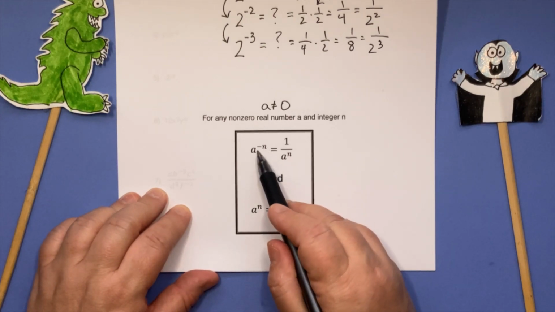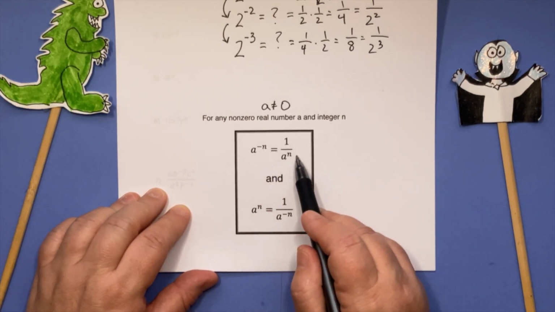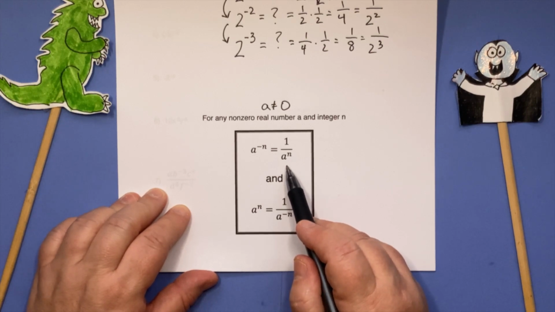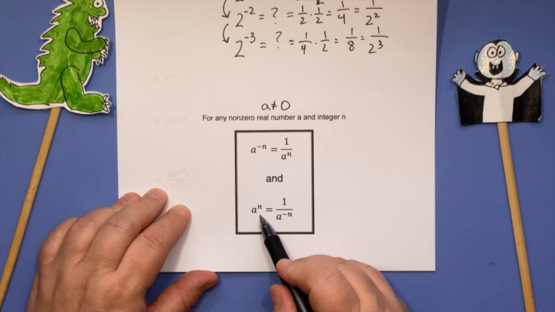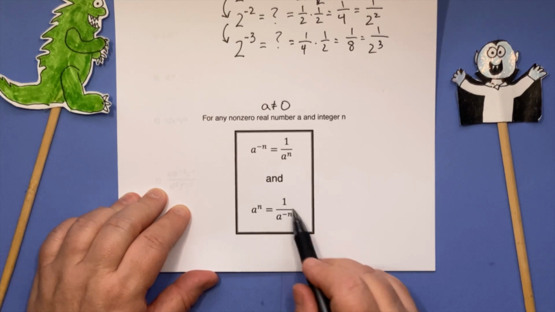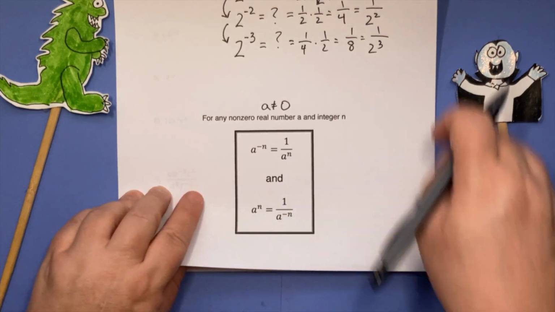Then if you have the opposite of n as an exponent, that means that a to the n is in the denominator. But also, if you have just plain n as an exponent, then the opposite of n is in the denominator. And so basically the rule is a negative exponent means you're in the wrong place. That's where I'm going to go with this.